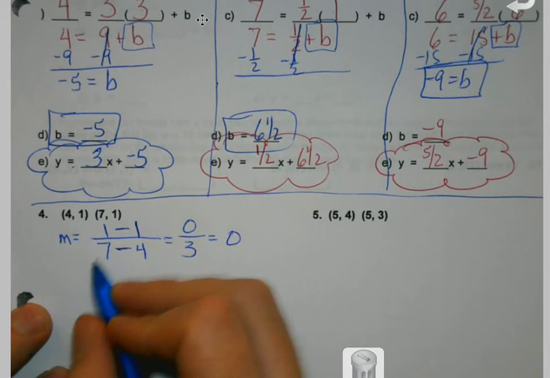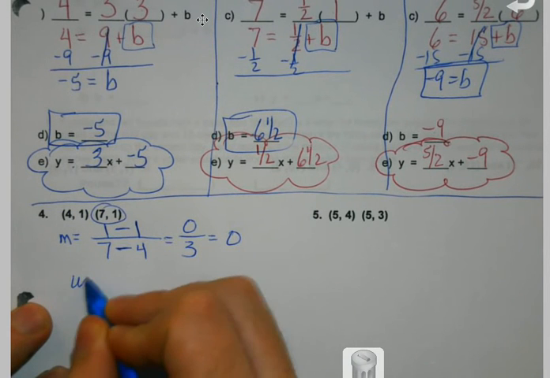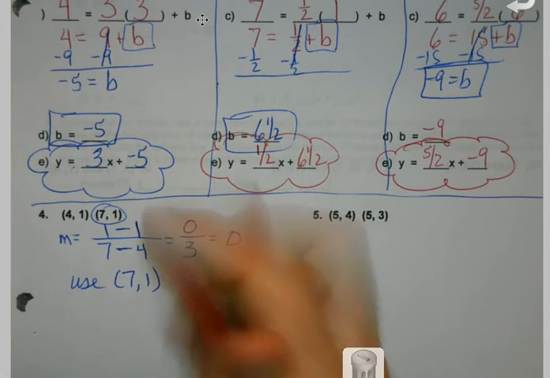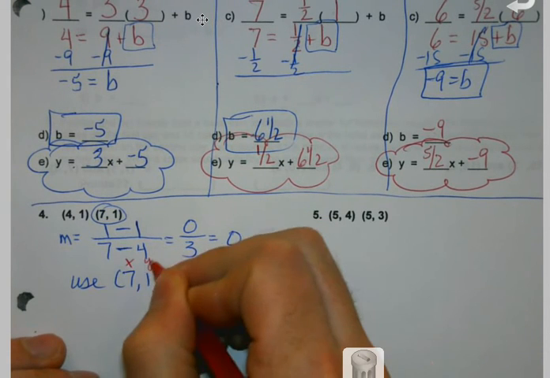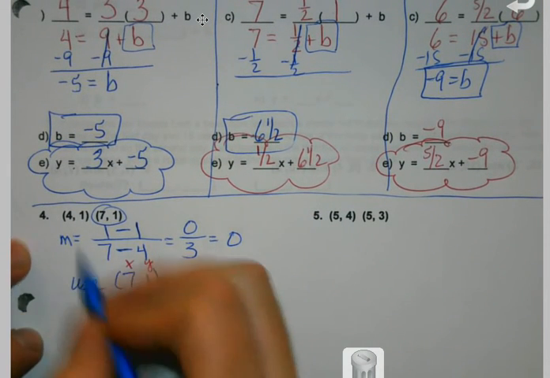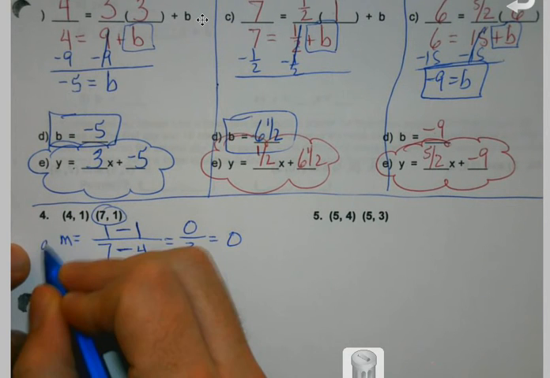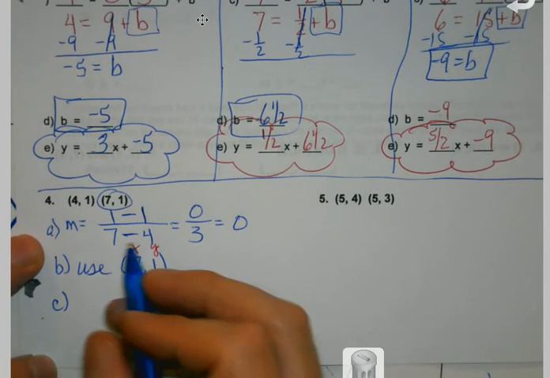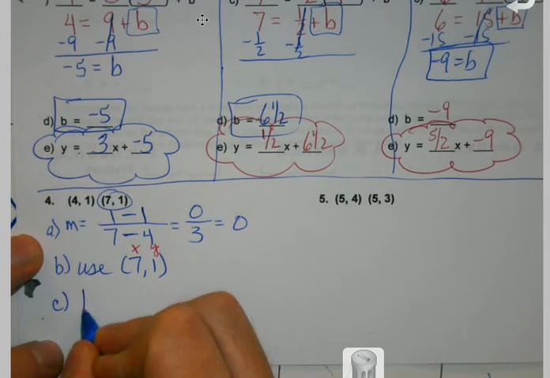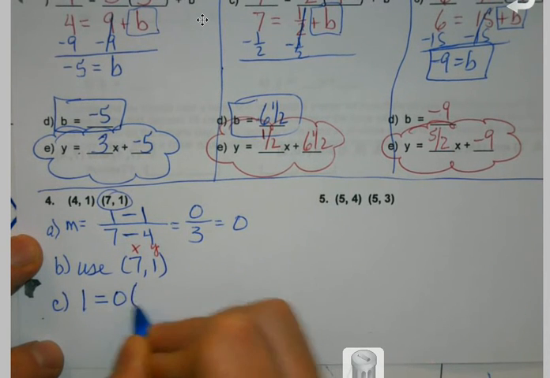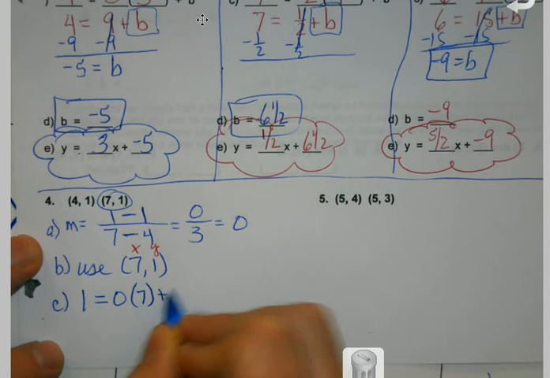Okay. I'm going to use this point. I can use either. If I wanted to use the 4 one, I could have. And then remember, this is kind of our B and our A, and our C is to plug these in. So y equals mx plus b.